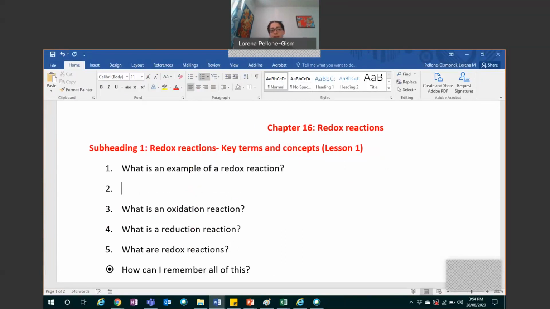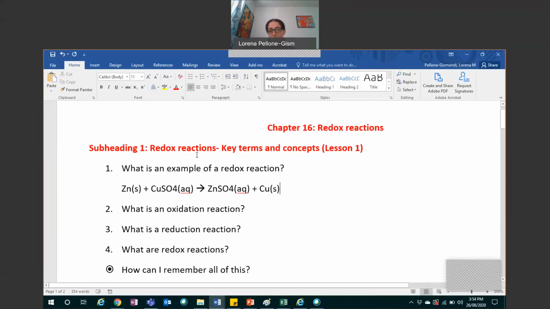So what's an example? I'll give you that example that we just put out before, that video. So it was pure zinc solid. We added copper sulfate aqueous, and we produced zinc sulfate aqueous and copper solid.